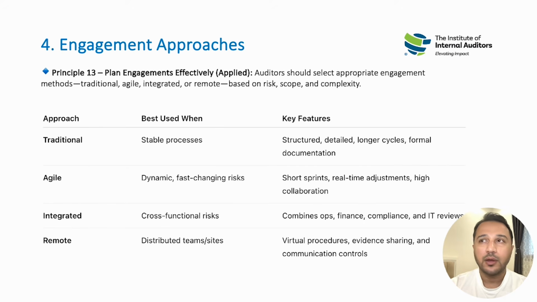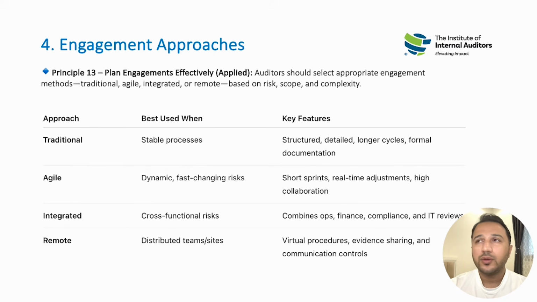For example, when they intend to issue the findings, maybe it's a very critical area, so on the go you highlight the key findings, rather than waiting for the whole engagement to finish and then issue a final audit report. So this is a more flexible and agile approach, as its name says, that an internal auditor can take.